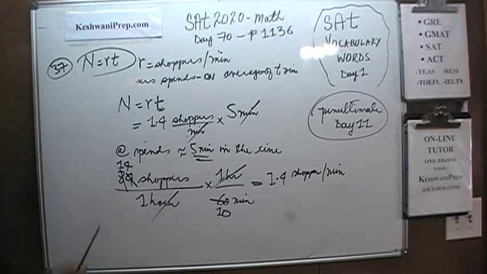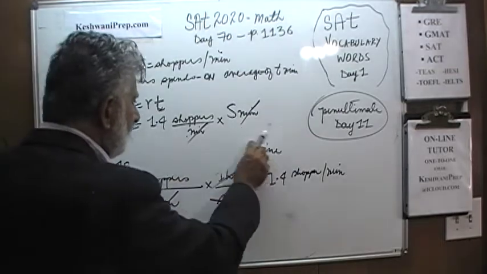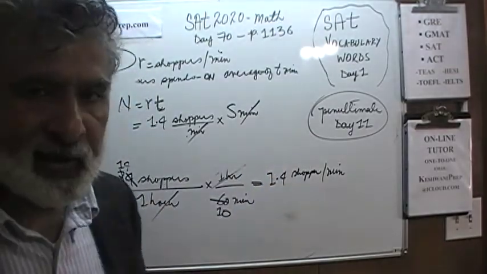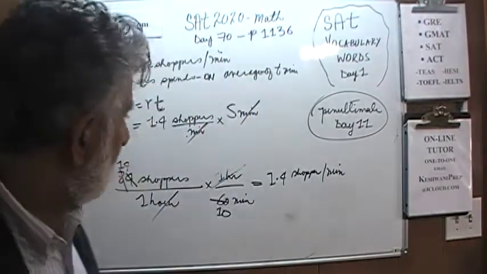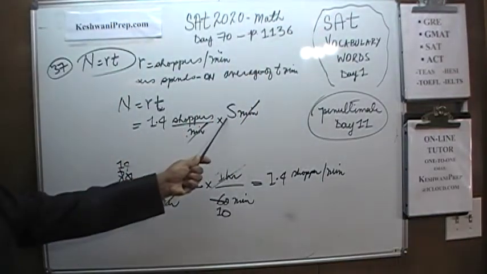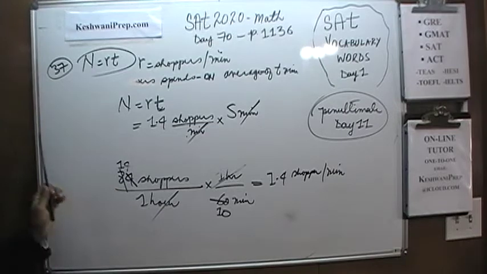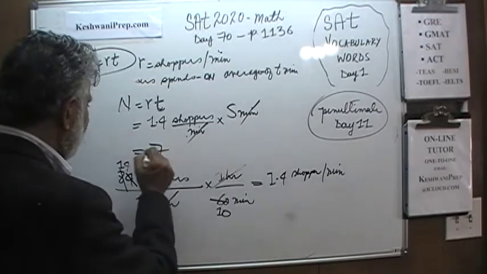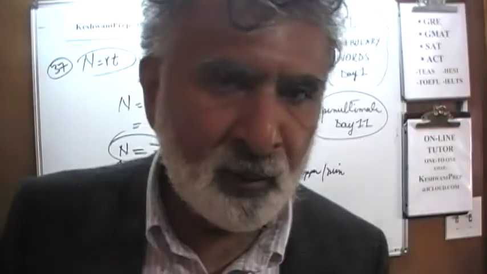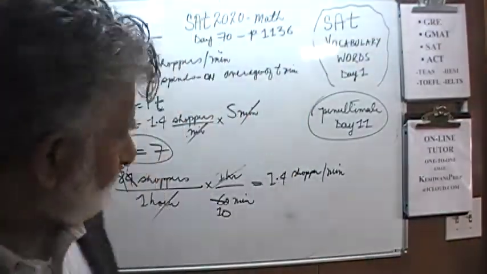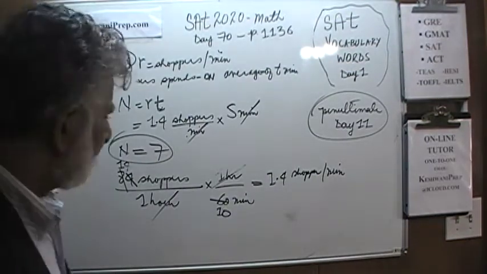How many shoppers can we expect to find in this particular checkout line at any given point in time? The answer is 1.4 times 5. We know 1.4 times 10 would have been exactly 14, so it's 7. N is equal to 7. In other words, in this particular checkout counter, on average, we expect to find 7 people waiting in the line.